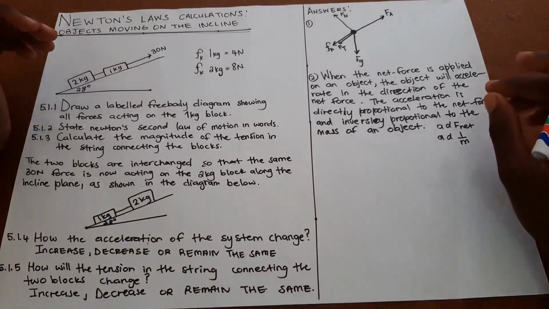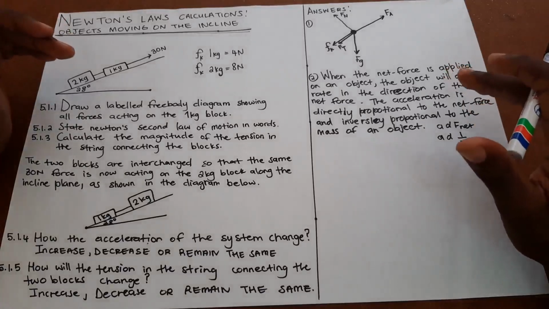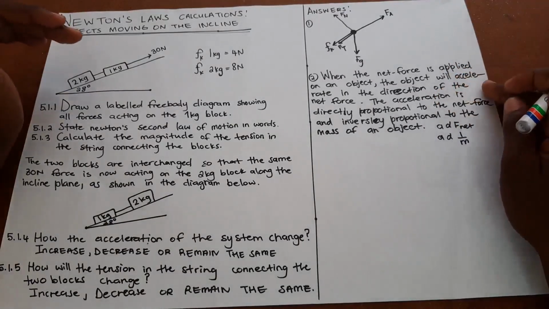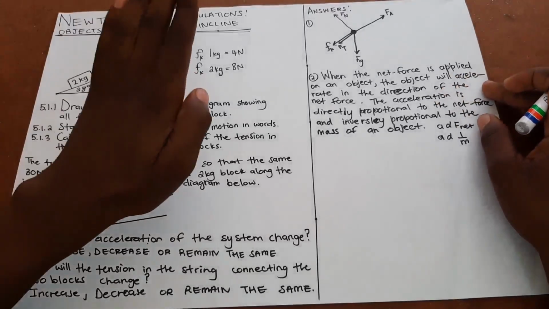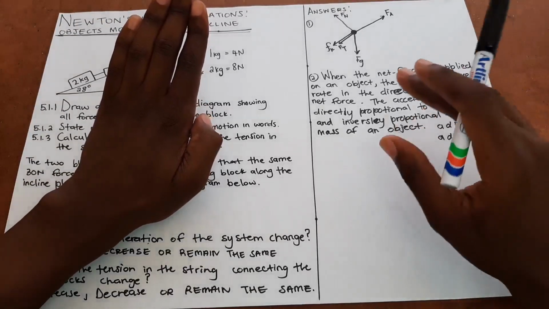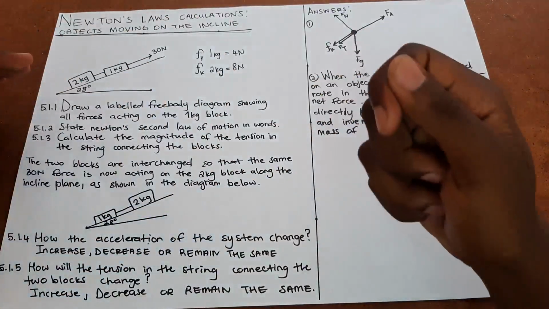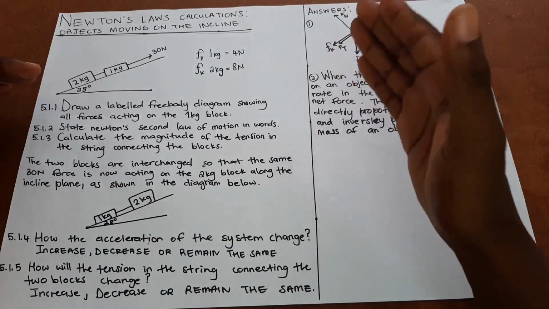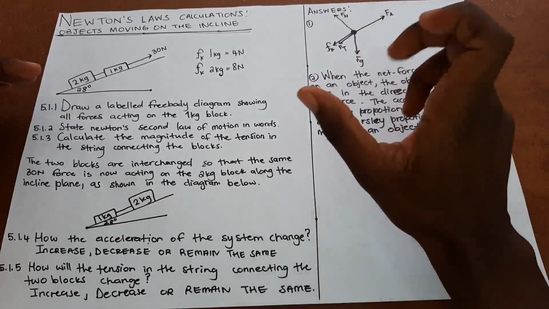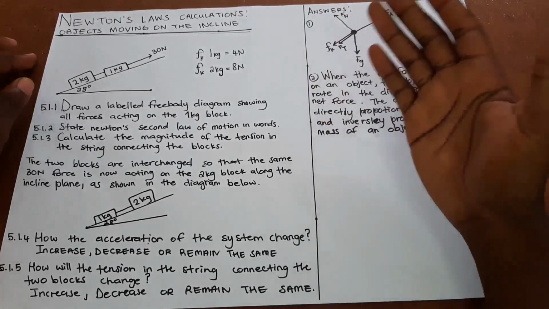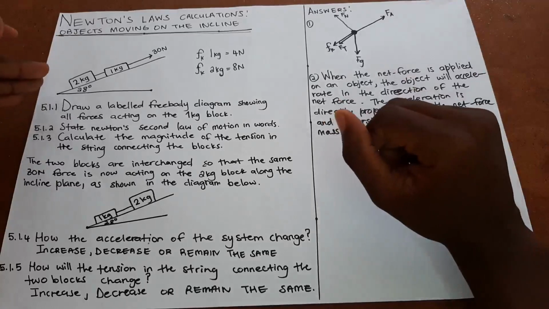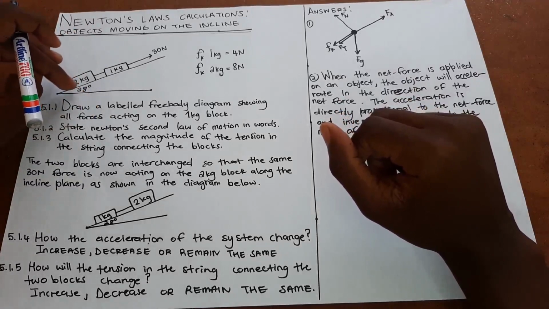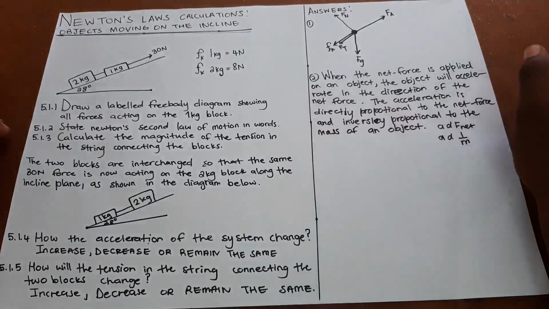My rule is that when dealing with objects that are moving on an incline, or objects that are being pulled, or when the force applied on an object results in an angle, like forces acting on an angle. Here in this scenario, these are objects on the incline, whereby the incline is also forming an angle. For instance, here it is 28 degrees.